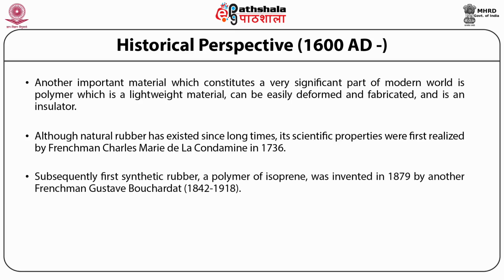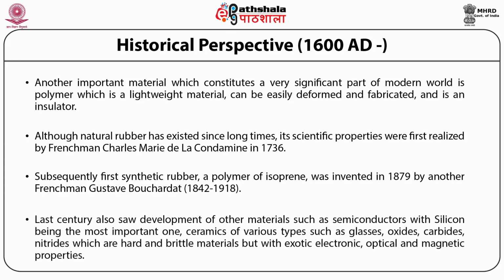Subsequently, the first synthetic rubber, a polymer of isoprene, was invented in 1879 by another Frenchman, Gustave Bouchardat, from 1842 to 1918. Over time, several forms of polymers have come into existence with a wide range of properties, such as polyethylene, polystyrene, polyvinyl chloride, etc.